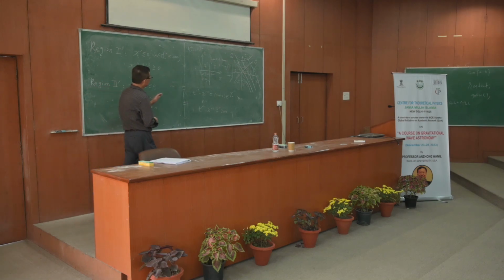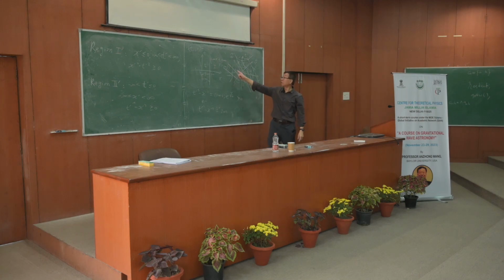So now you can see, if I look at the following, the lines, I have region 1, 2, the line comes out for a narrow asymptotic flat region.